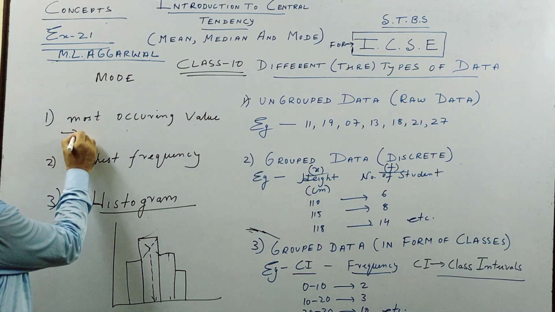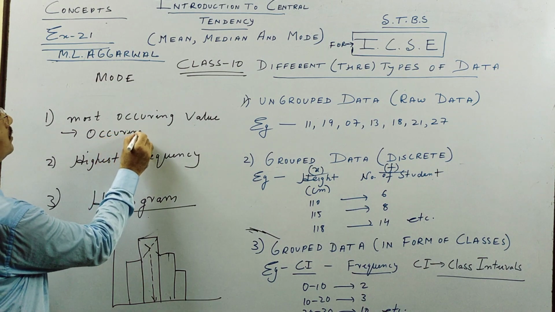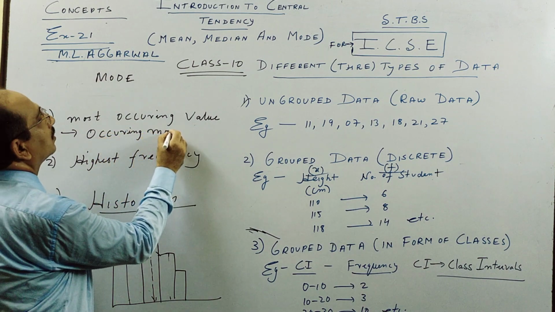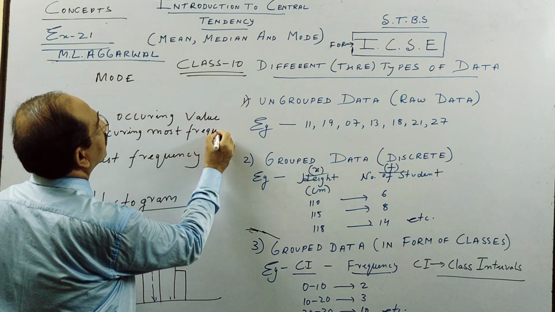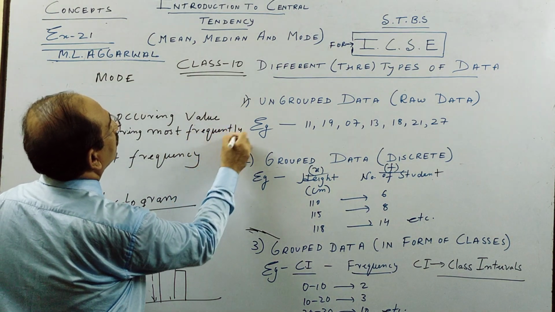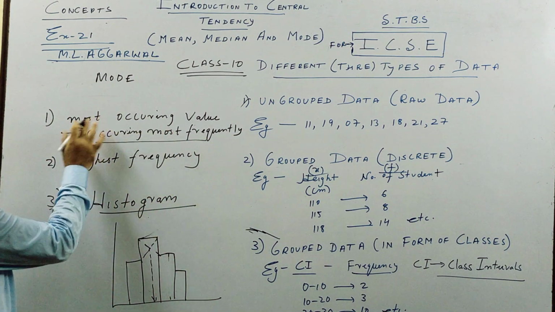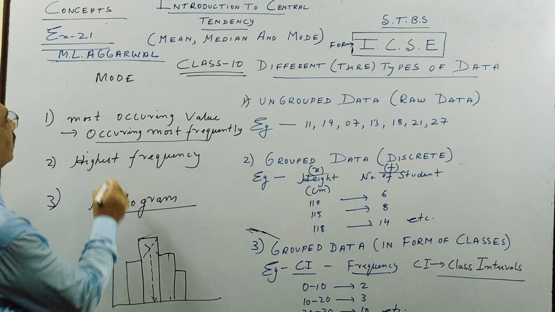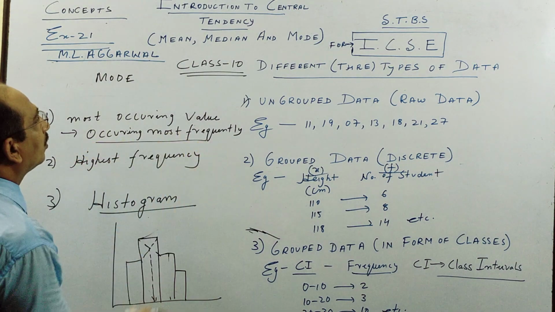This you can say occurring, another wording is most frequently. So another way of saying is most occurring value or the value which occurs the maximum number of times. So it is, you can say, the value occurring most frequently.